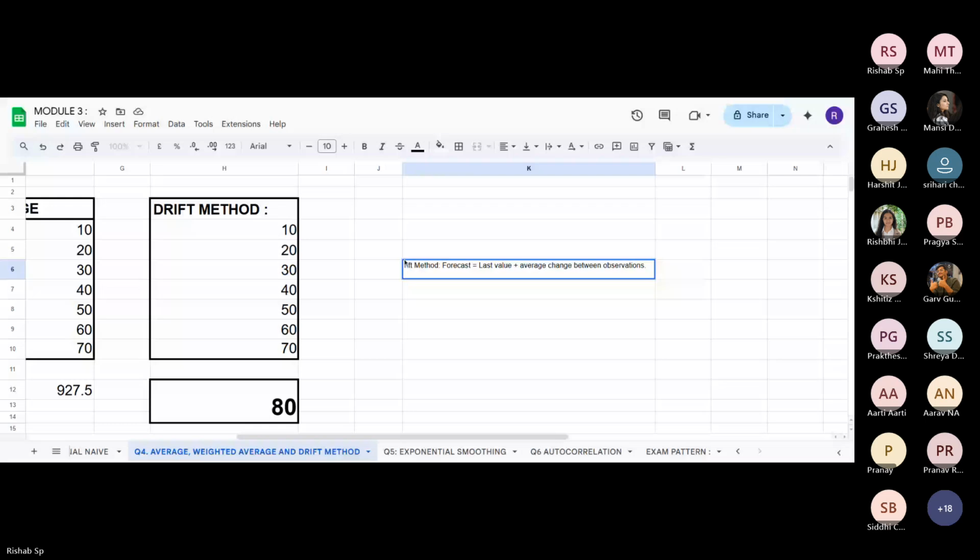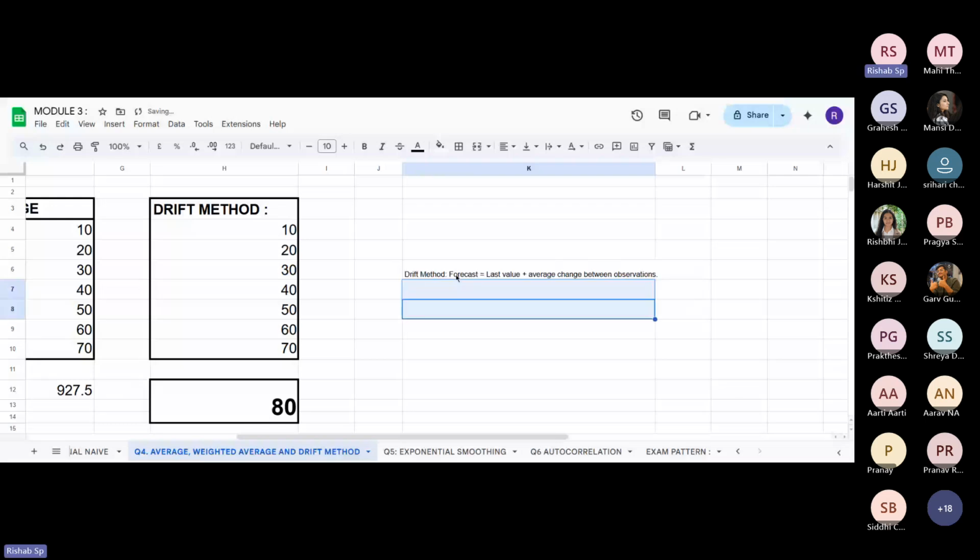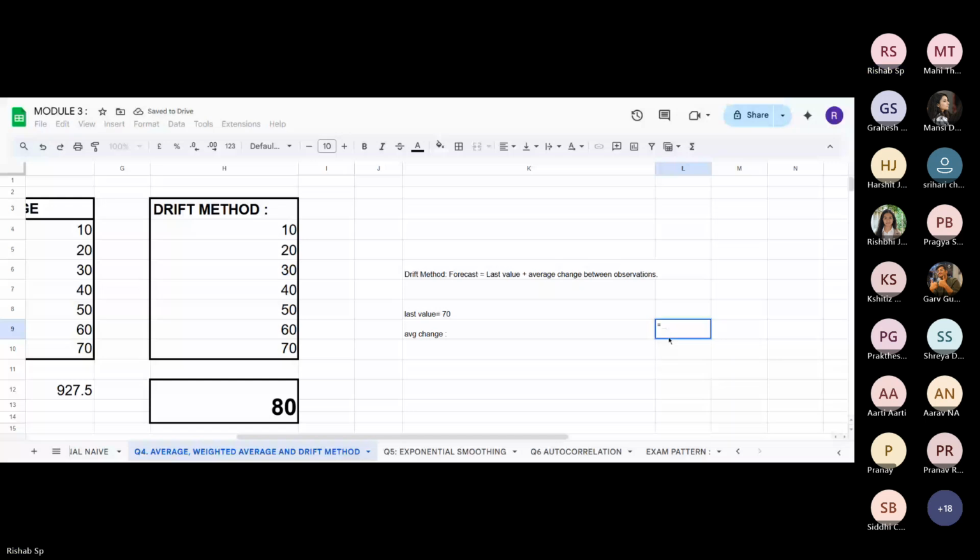So drift method forecast is equal to last value plus average change between observations. Here the last value is equal to 70, and the average change is equal to 10 plus 10 plus 10.